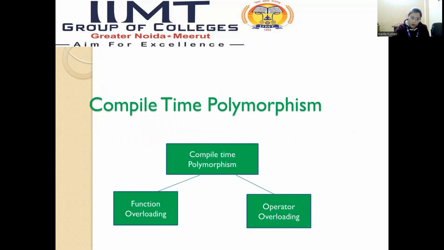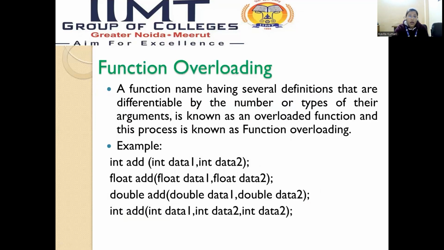Further on, compile time polymorphism is implemented by function overloading and operator overloading. Next, we are going to discuss what function overloading is. A function name having several definitions that are differentiable by the number or types of their arguments is known as an overloaded function, and this process is known as function overloading. For example, I have an add function with the same name, but these functions have different types of arguments.